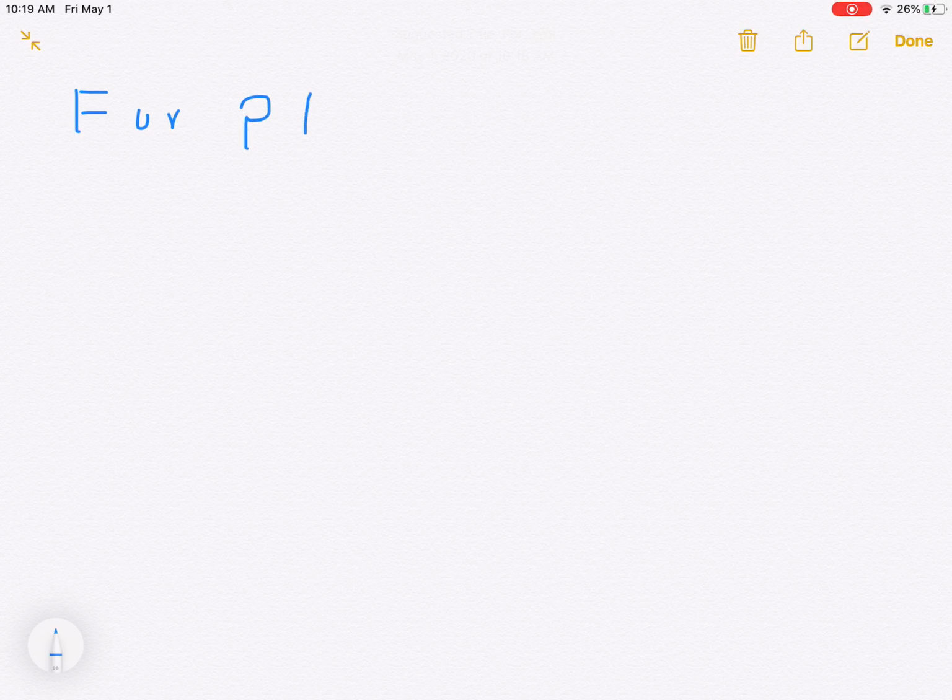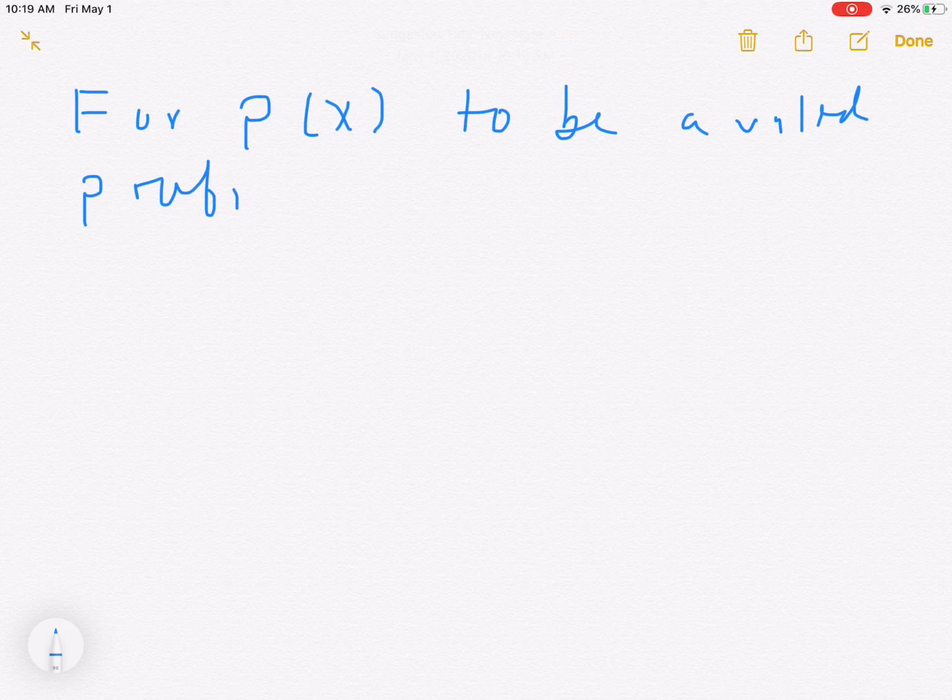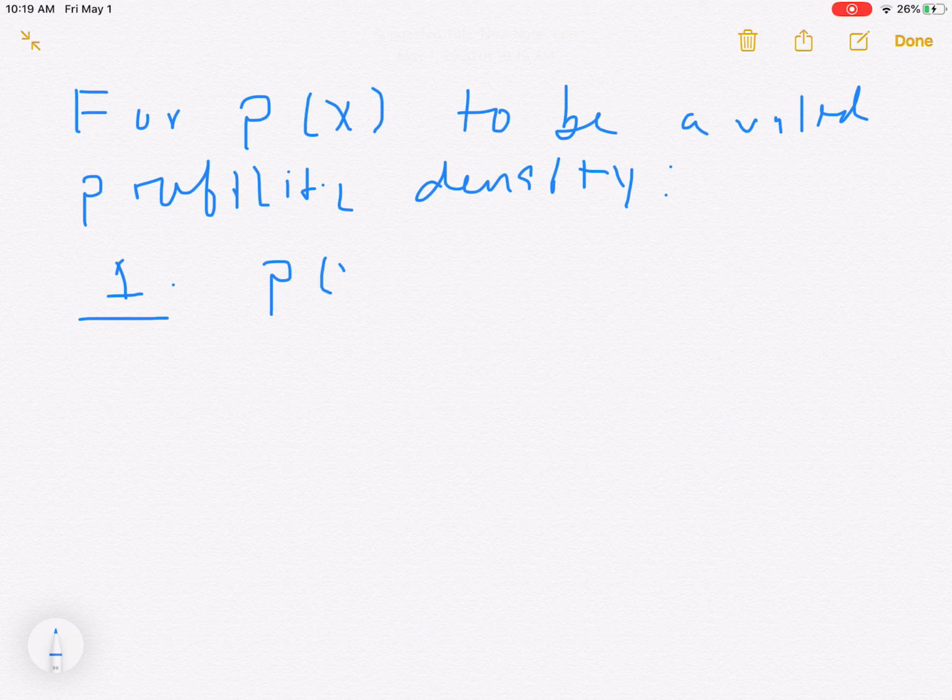For P of X to be a valid probability density, we need 2 things. One is that the probabilities are greater than or equal to 0 and less than or equal to 1.